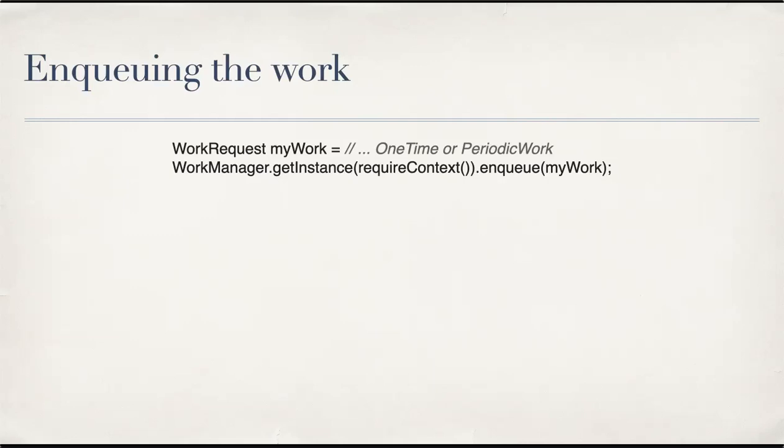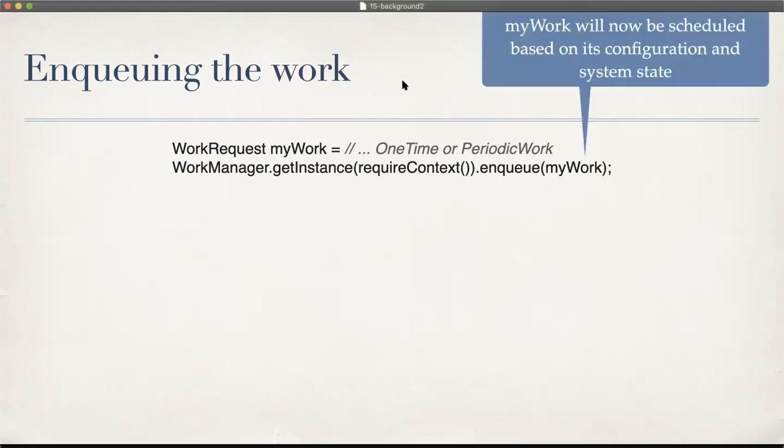So when you do this, the instance my work is now scheduled for execution based on all other things like its configuration and also the state of the system, whether it is connected to Wi-Fi or not, or whatever that is, right?